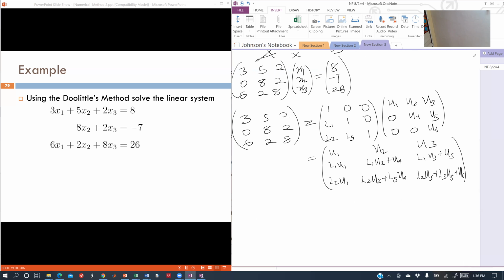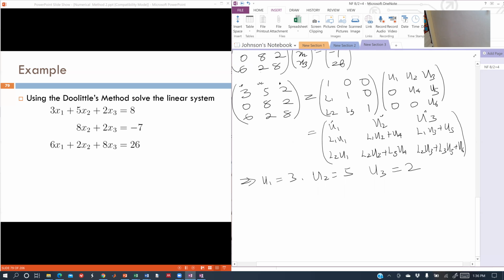So this is the new matrix. We equate, and straight away we can say that this implies that U1 is equal to 3, U2 is equal to 5. This guy is equal to this guy. This guy is equal to that guy. So then U3 is equal to 2.